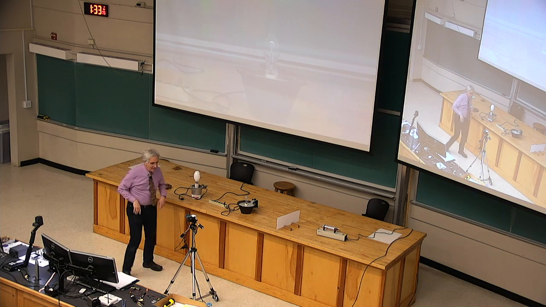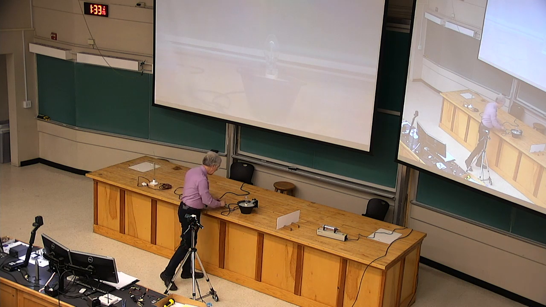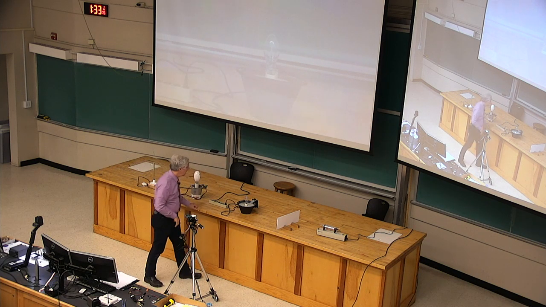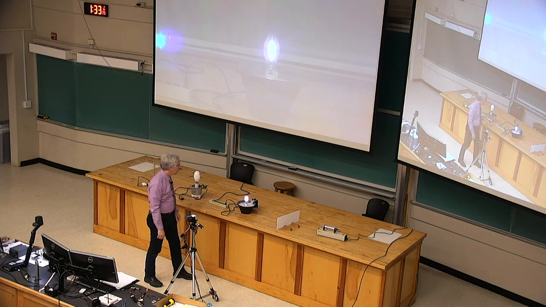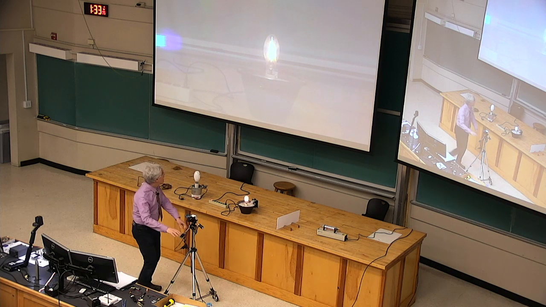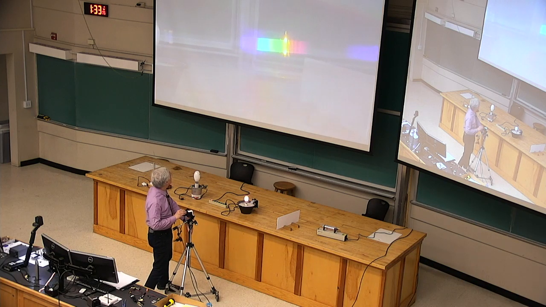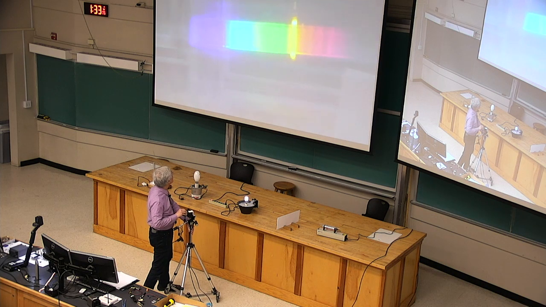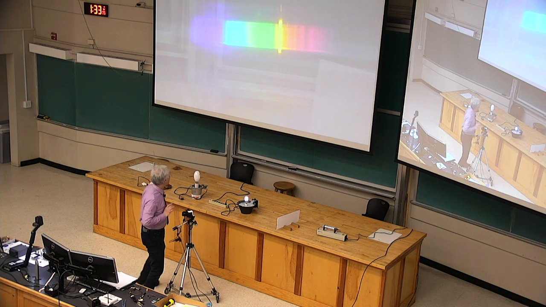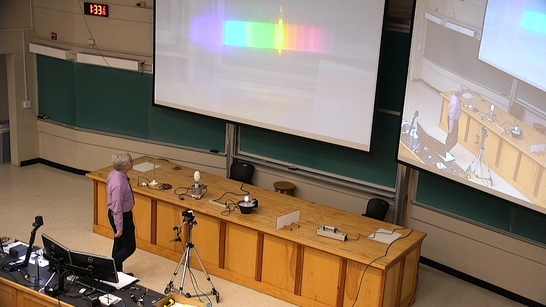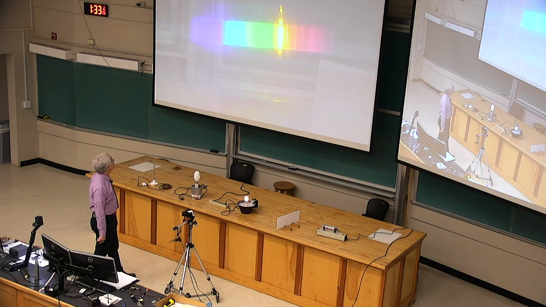Hopefully we'll see it. All right, I'm going to plug in the lamp and turn it on. Okay, wrong color at first, and then the color we're looking for. So there's the yellow. That's as zoomed in as I get. Okay, so there's a special yellow. There's also some other stuff there from other gases probably.